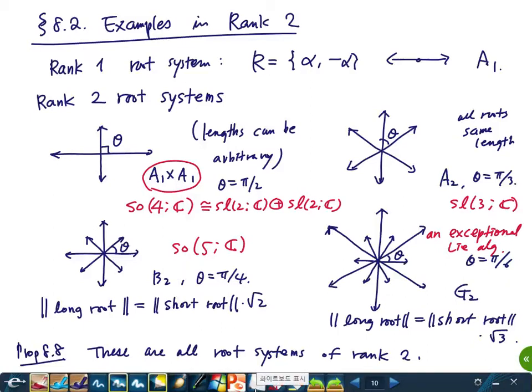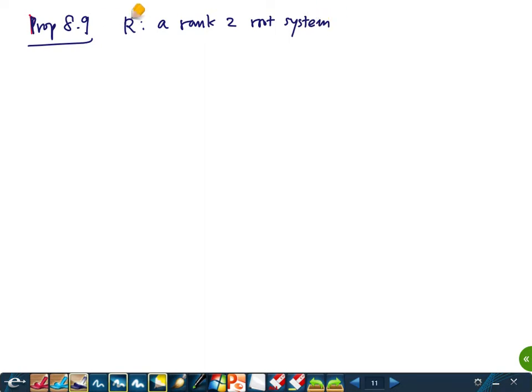in this chapter. So proposition 8.9. Say that R is a rank 2 root system. Sometimes we will omit the E, the ambient vector space. Once we know this collection of roots, we know that E should be the span of this.